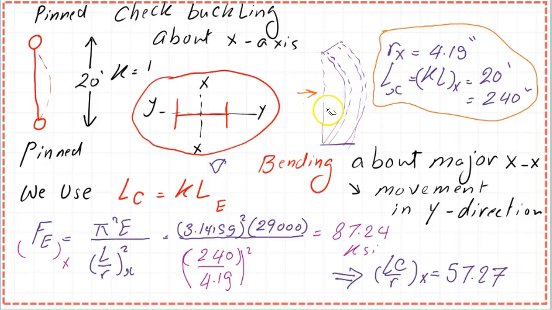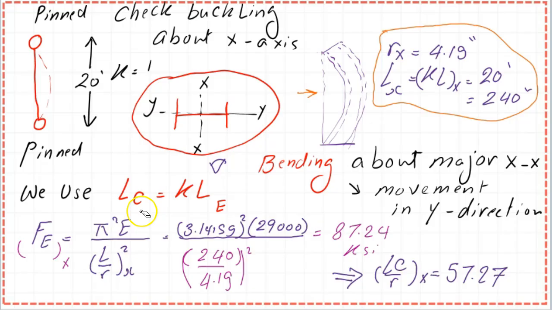It will move bending about xx, accompanied by a movement in the y direction. If we have a look from here, we'll find these two edges of the flange at the right and left side, and the web plate can appear like that.